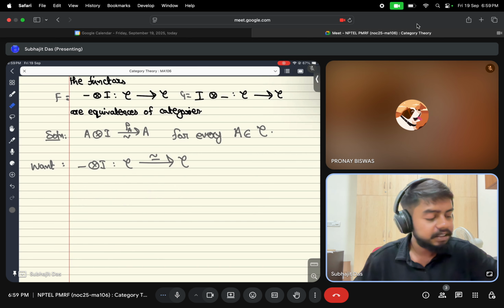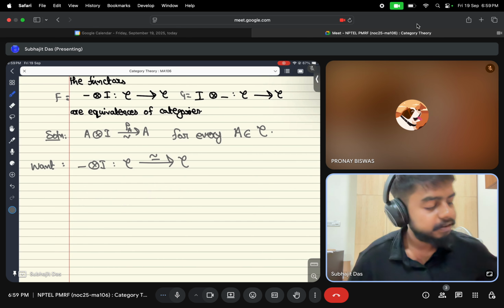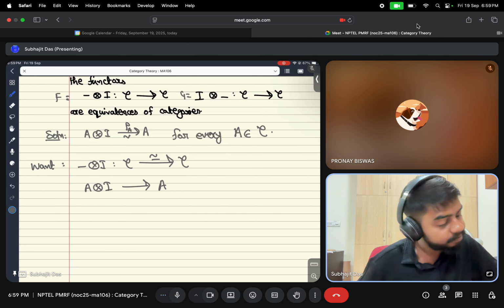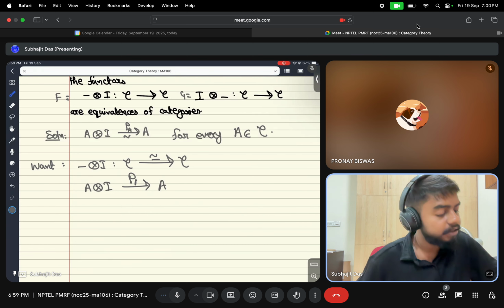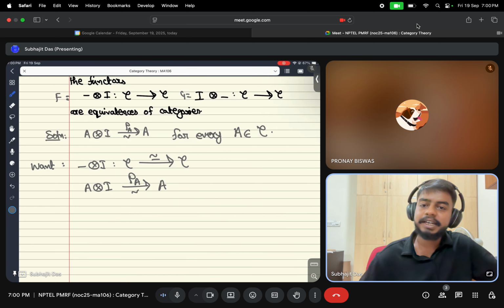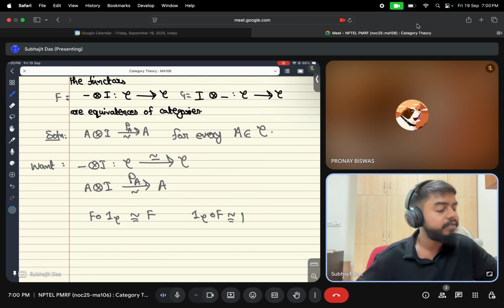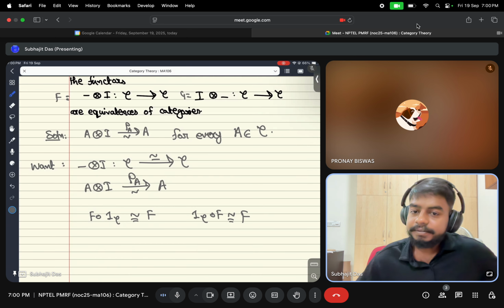This is clear, right? So A tensored with I to A, you just take rho A. This is by definition a natural isomorphism, and this is saying that F composed with the identity on C is naturally isomorphic to F, and the identity on C composed with F is naturally isomorphic to F at the same time, right?